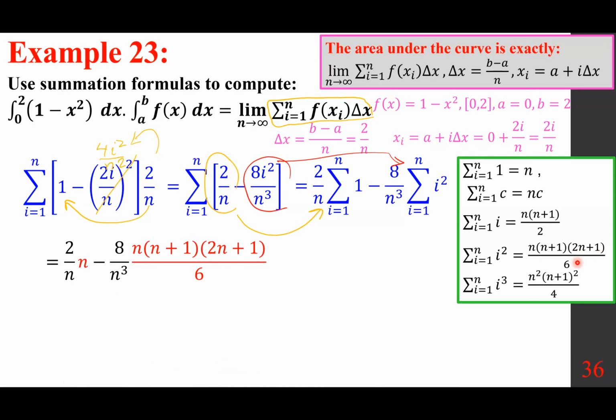So first and foremost, this will simplify to 2. This one, the denominator is 6n cubed. I want you to pay attention to the numerator: n times n squared times 2n. 2n cubed times 8 is 16n cubed and a bunch more.